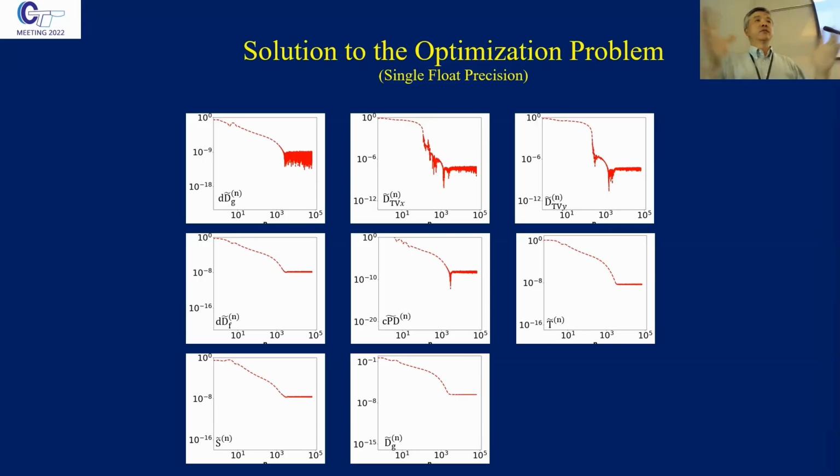The data divergence, the data difference, has to be almost zero when you converge. The horizontal axis is the number of iterations, and you can see that all those metrics are converging to the single precision. So in this case, you don't worry about the iteration number as a parameter.